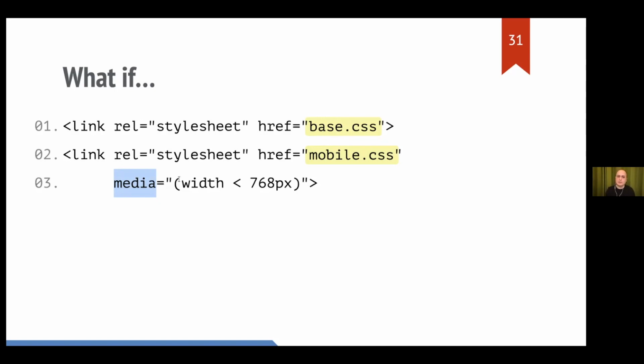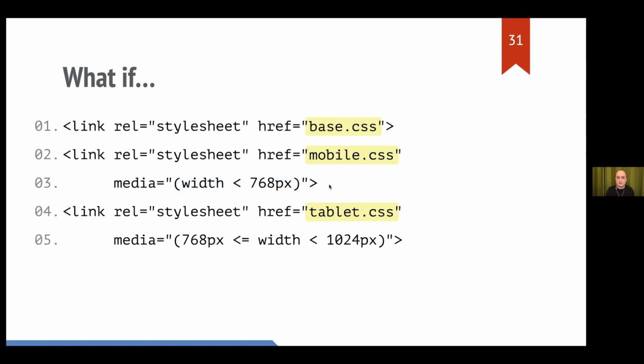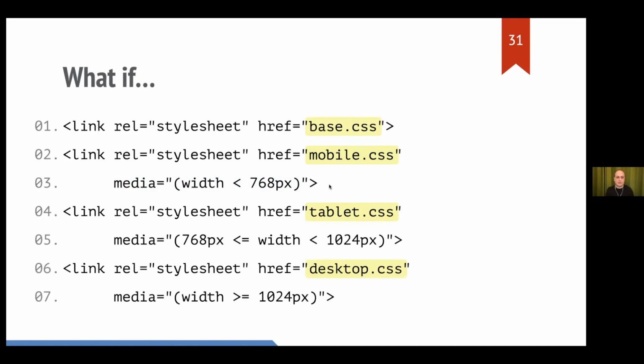And in this case, instead of print, we can say width less than 768 pixels, and they won't be applied the same way. And they won't be loaded probably. You know, we're gonna save some traffic because of it. And we can do the same thing with tablets and desktop, and we can have, yeah, this beauty.